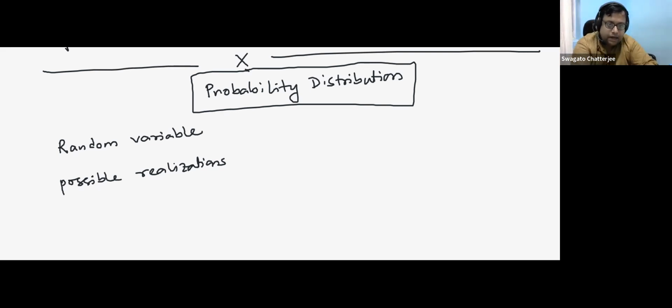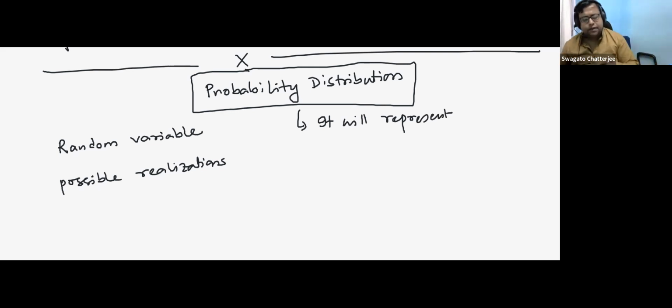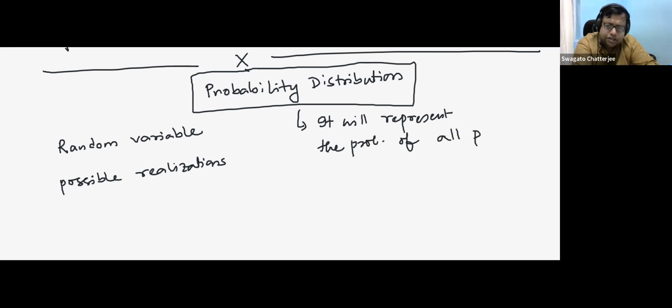Also, the probability distribution of a random variable will represent, in whatever way, graphical or functional, the probability of all possible realizations of a random variable.